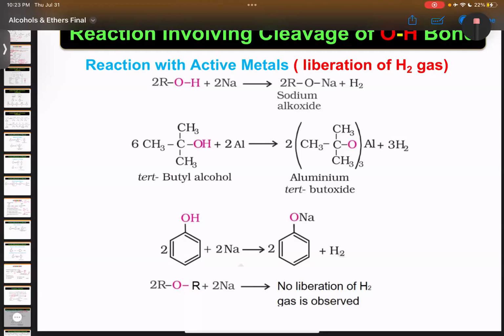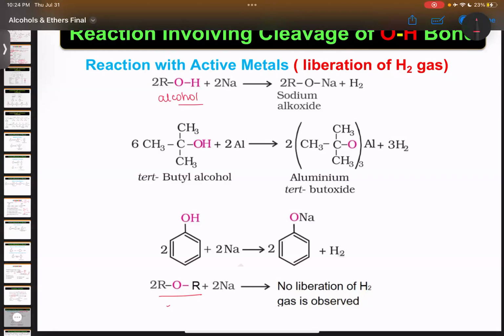By using sodium. If we use an alcohol, the H will get replaced by Na. But if you use ether, there is no H. Alcohol has the OH, and ether doesn't have that H, right? So when you put sodium, hydrogen will be liberated.